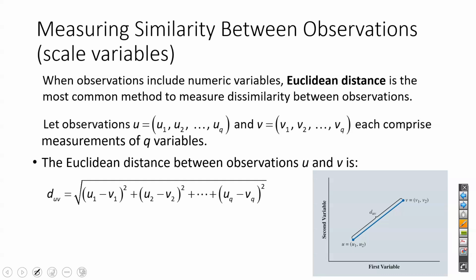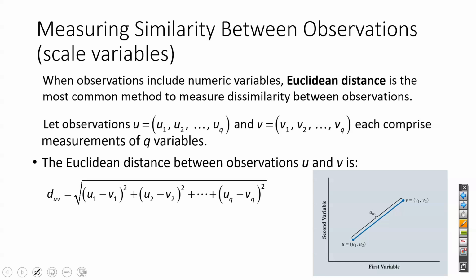That will be the actual distance. When you have n different variables, I still use the same formula. So this way, I will be able to measure the physical distance of 2 groups very easily. So this is what we call the Euclidean distance.